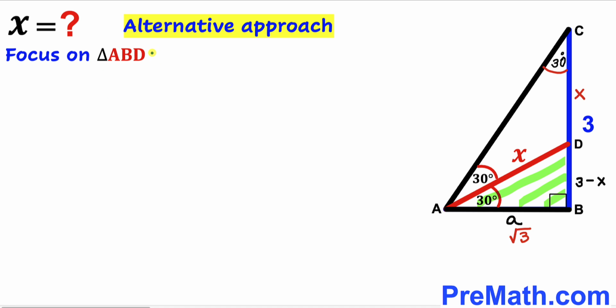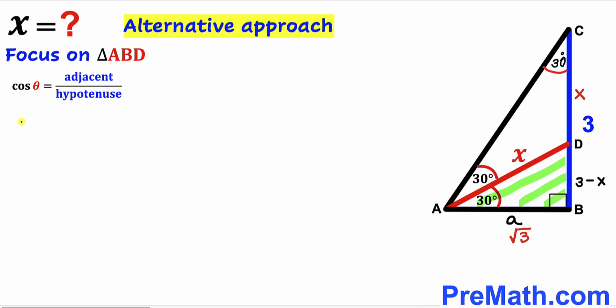Now here's our final step. We are going to focus on this right triangle ABD and recall this trigonometric ratio: cosine of theta is always equal to adjacent side divided by the hypotenuse. In our case, for this angle 30 degrees, our adjacent side is square root of 3 and our hypotenuse is x.